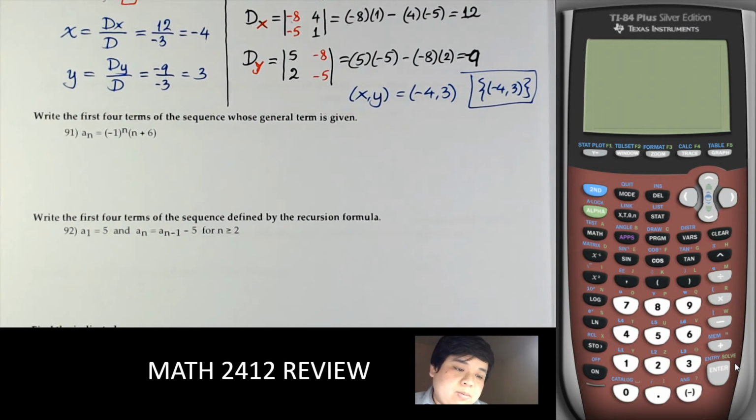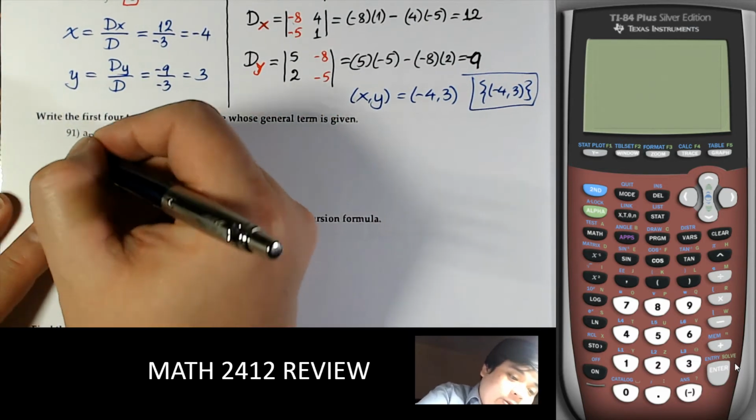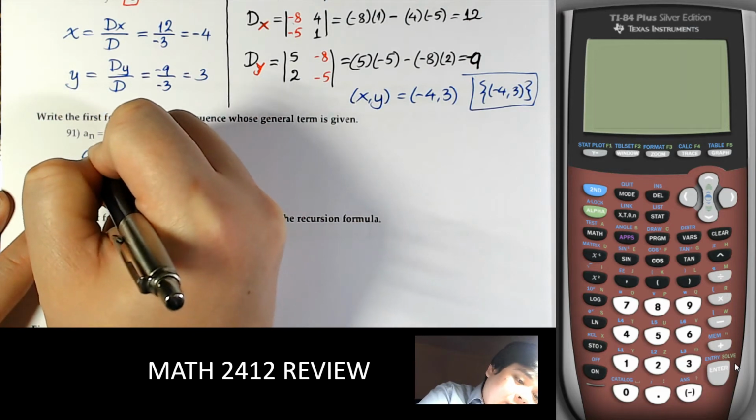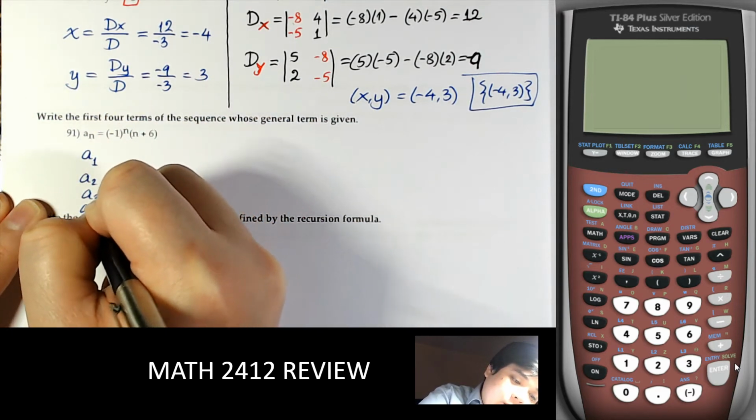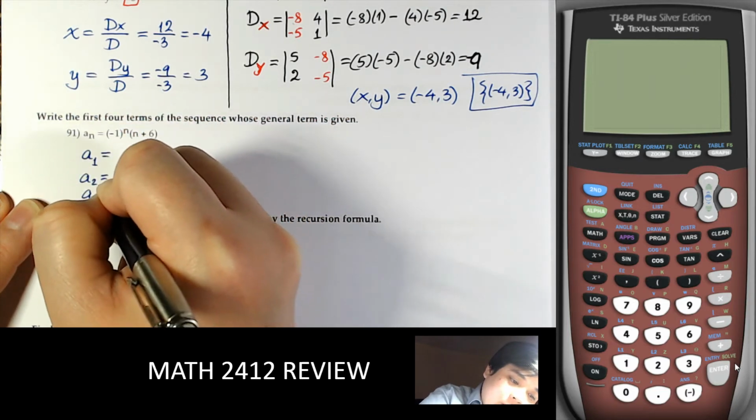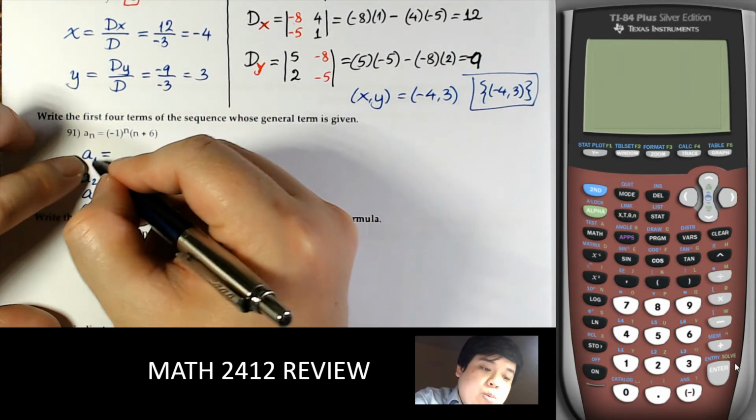Next, go to sequence and series. Sequence. Write the first 4 terms of the sequence whose general term is given like this. This one is fairly simple. We need the first 4 terms. So first we're going to put 1 in for n.